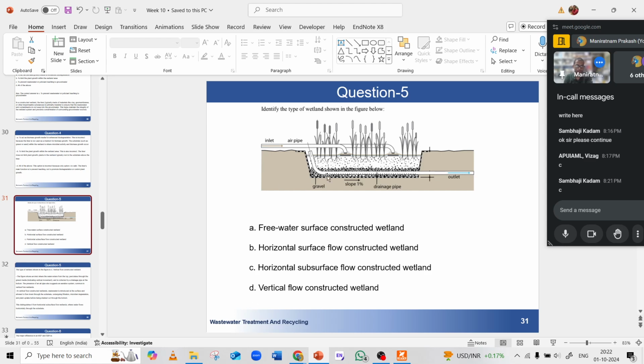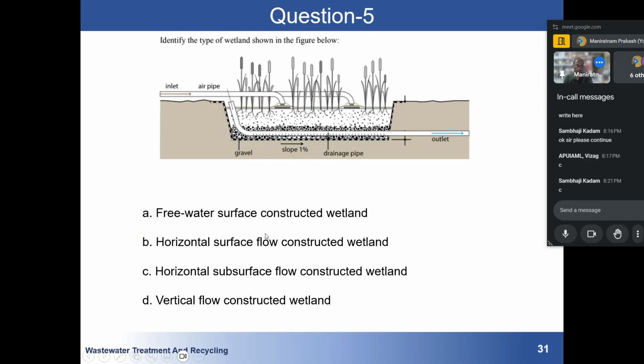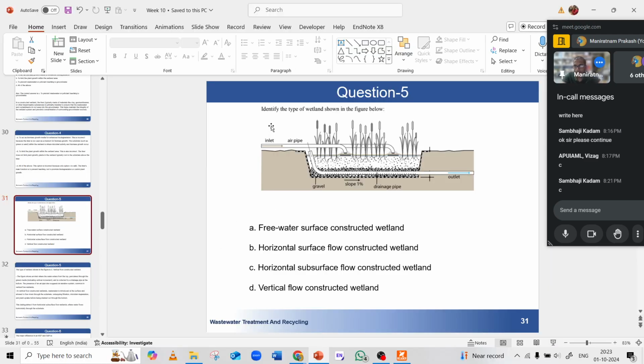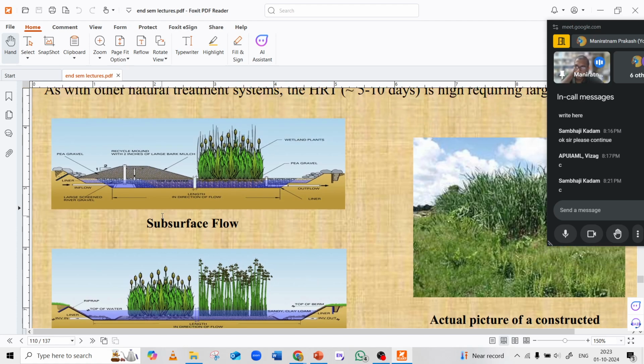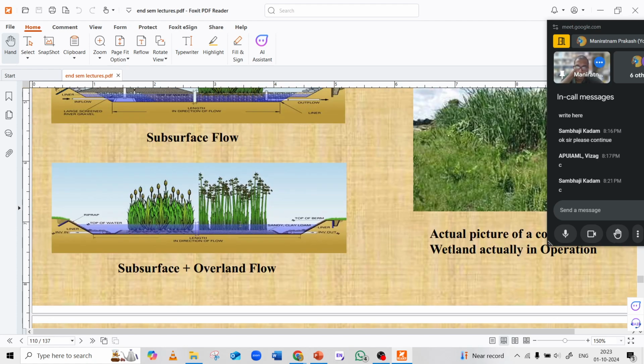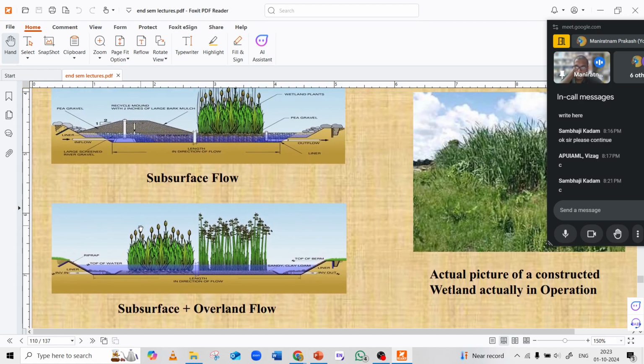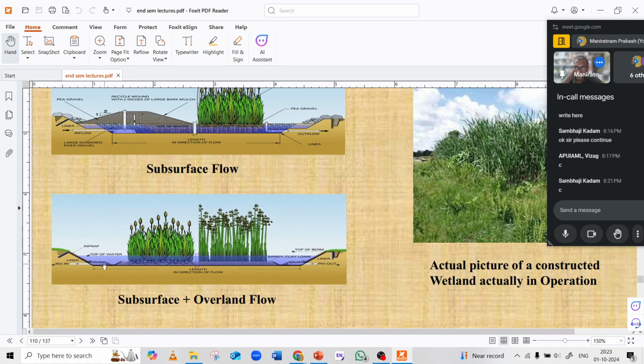I don't know, this was a simple question. Can you see this? You can see different pictures. Obviously in this question you have to see where the water is coming from, how it is flowing, and where it is going. In all these pictures you can see that water is coming from this direction and going in that direction.